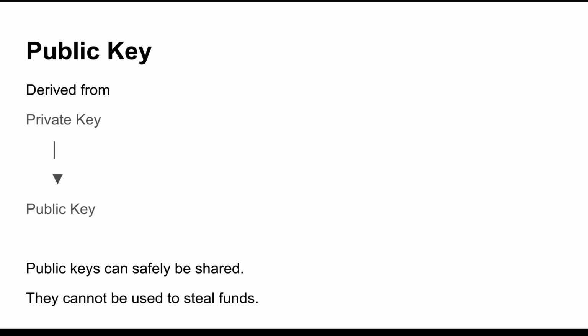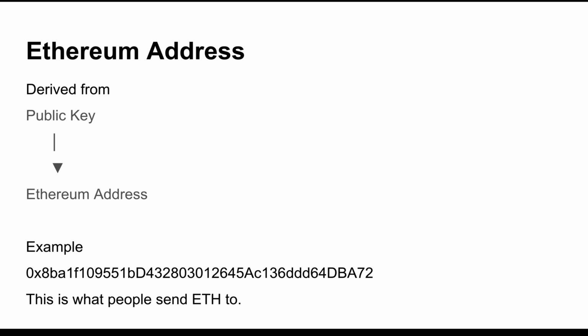That is all, right? So you can literally share it and nothing happens. Now, the Ethereum address is derived from your public key, and this is probably the one you share all the time, and this is what people use to send you ETH. So that is basically it.